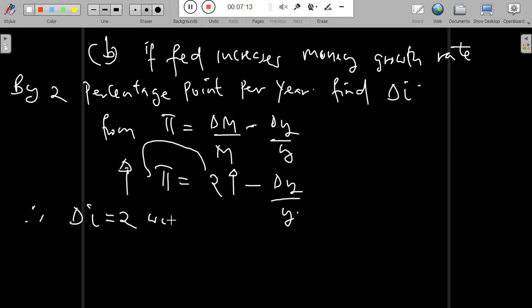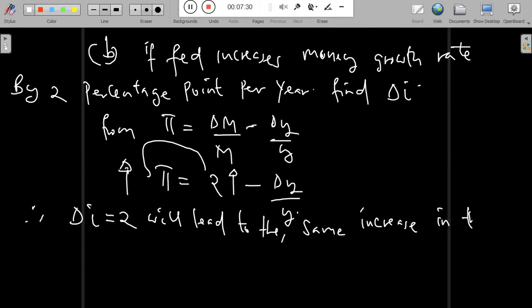Since the Fed increases the money growth rate by 2%, the inflation rate will also increase, since money supply has a positive relationship with inflation. So when money supply increases by a certain amount, inflation will also increase, by the same amount of increase in the money growth rate.